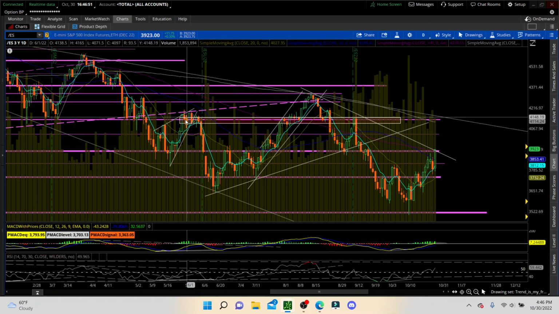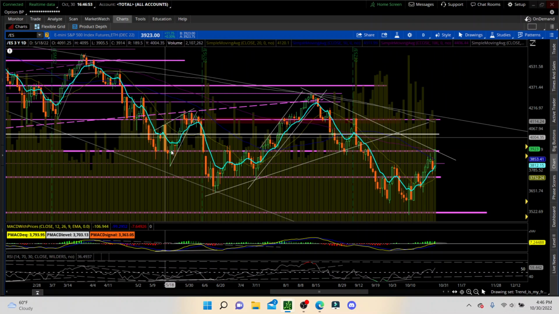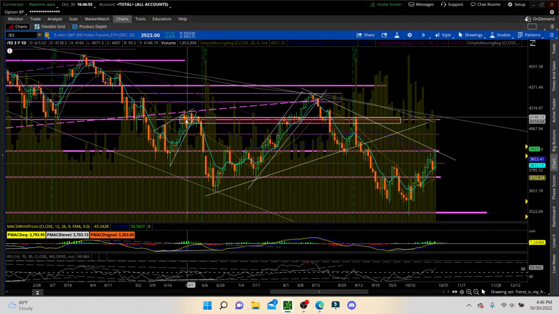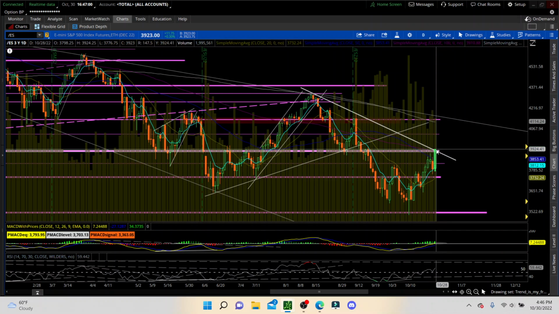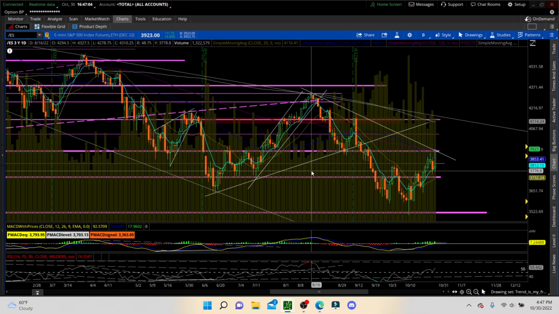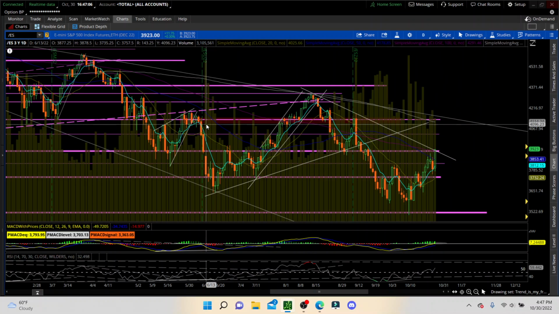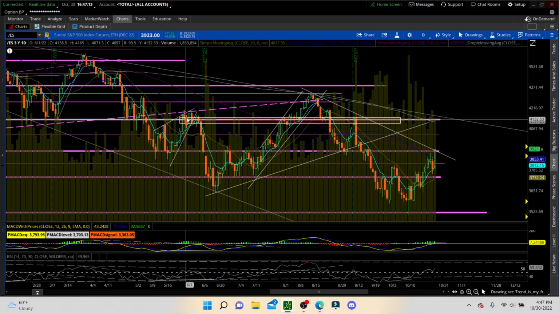You know how we spent a lot of time in this area after a 3-wave move correction there. We went sideways for a little bit. We can have a miniature Monday, Tuesday sideways move as well, if that's the case, into FOMC, into Wednesday. So anything's possible. We could be finished going up, but maybe it wants to wait and see what the FOMC says and this and that.